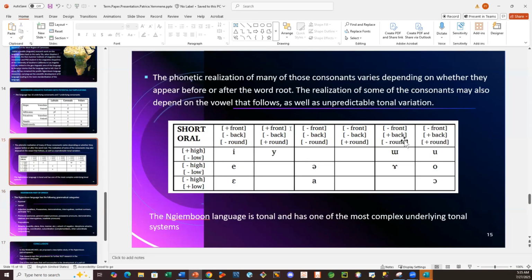Now, the other thing to note is that the language is tonal, and one of the things about this language is that it has one of the most complex underlying tonal systems. Why do we say that it's complex? Because there's what we call tone perturbations, and tones can affect individual words, changing when they are put into a sentence.